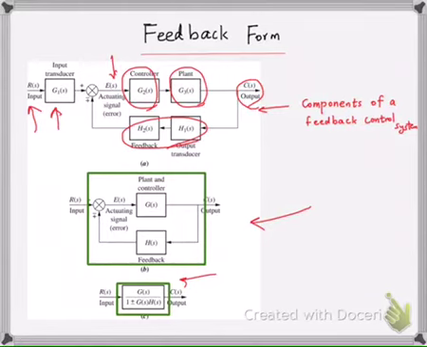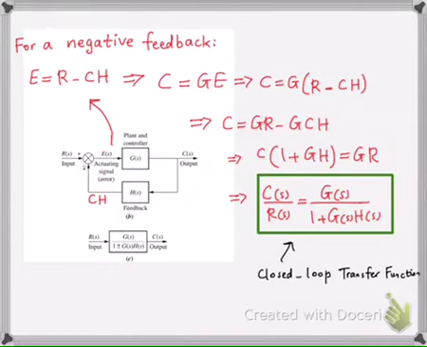So for example, I'm actually going to derive this equation for a negative feedback. So for a negative feedback, as you see here, in the negative feedback, this summing junction, the input to it from the input is plus, but from the feedback path, it's actually going to be just a negative sign.